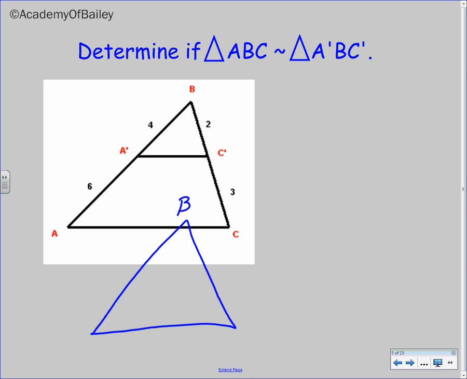This is B, this is C, and this is A. Now, if I'm going from A to B, what is the length from A to B? Well, I have a 6 and I have a 4, so that's going to make 10. What is the length from B to C? Well, I have a 3 and I have a 2, so that's going to be a 5.